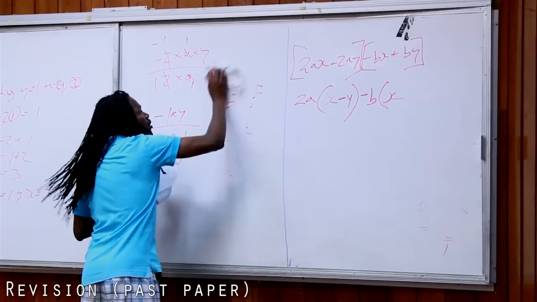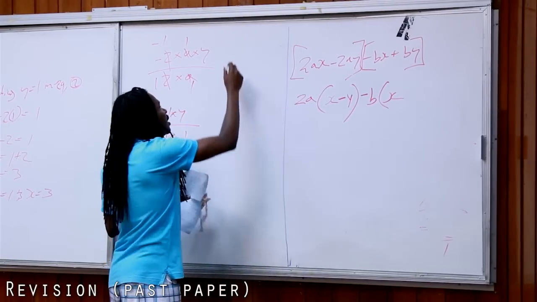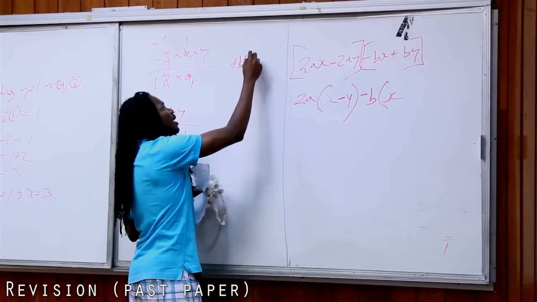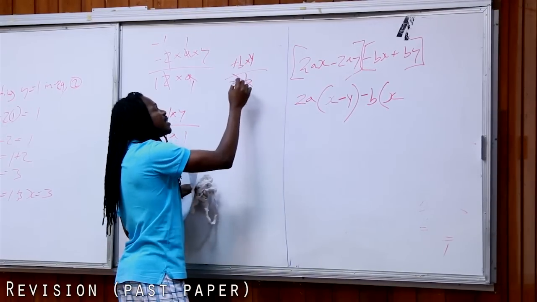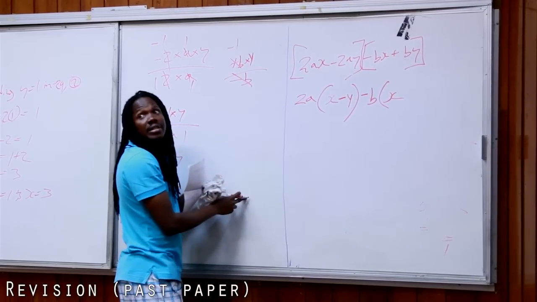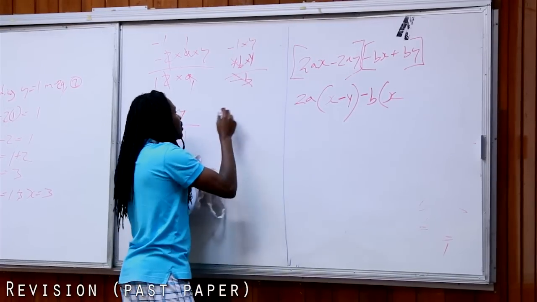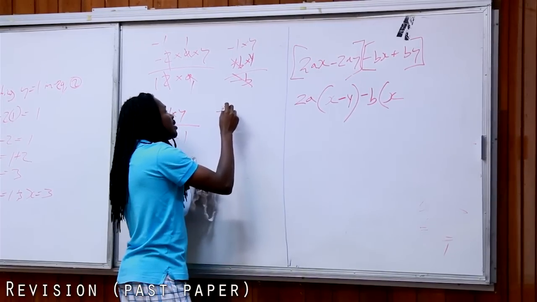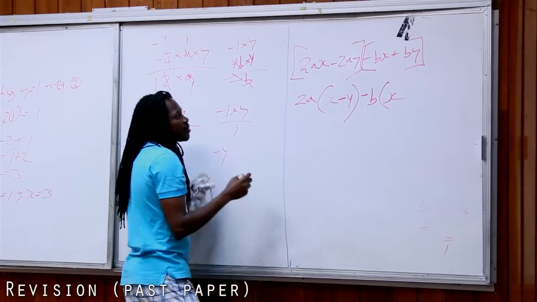Then now, you come and say negative b into positive b times y over minus b. So that into that is going to give you a negative 1 times y, which gives you negative 1 times y over 1, which gives you minus y.